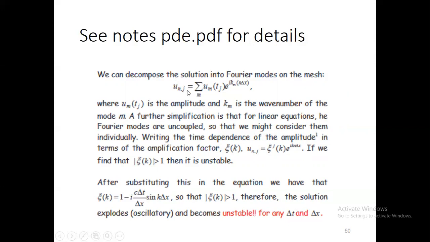And you can decompose it into time and space functions, U of t, E of x. Okay, so now you will substitute it in your numerical scheme or in your partial differential equation and you will end up with this xi. And if the magnitude of this xi is greater than 1, it is unstable. If it is less than 1, it is stable.